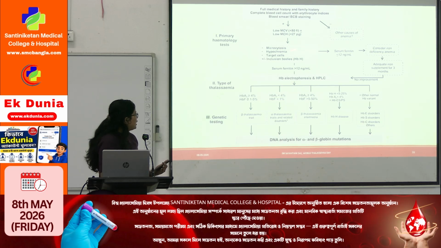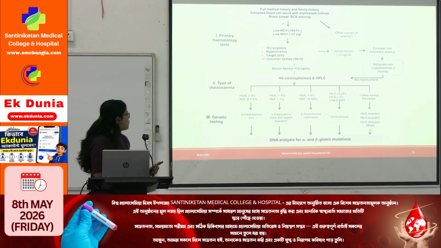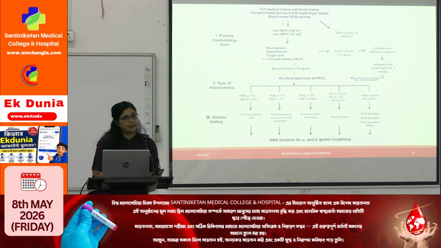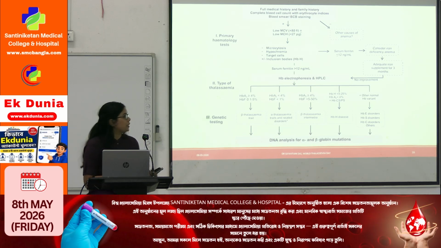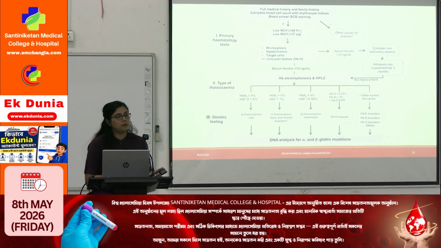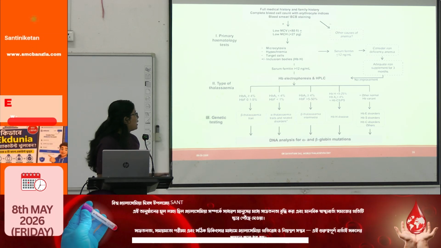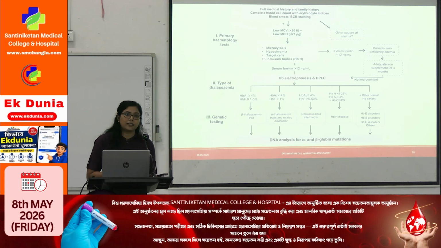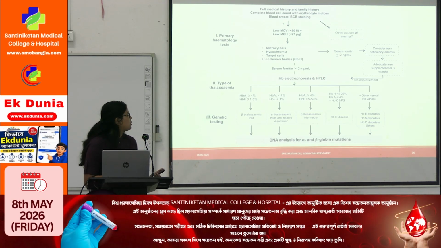And if microcytosis, hypochromia, and target cells are not present on the peripheral smear, we have to see whether the serum ferritin level is less than 12 nanogram per ml or not. If it is so, then we should consider iron deficiency anemia.